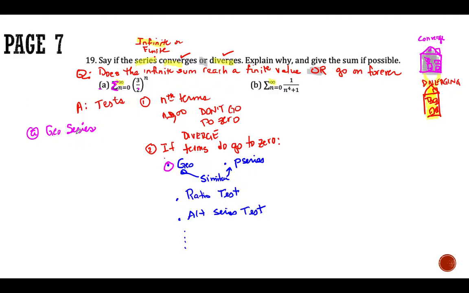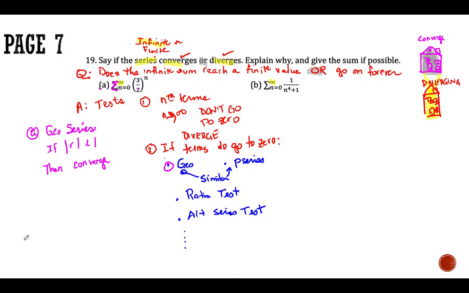Since A is a geometric series, I need to run the convergence test. If the absolute value of the common ratio is strictly less than 1, then the geometric series passes the convergence test and you converge. Otherwise, diverge.